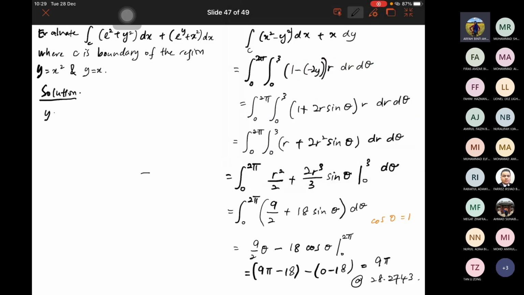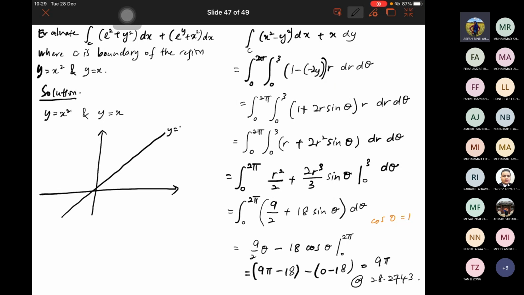So we have y sama dengan x squared dan y sama dengan x. So if you want to do the drawing for this one, okay, this is y equal to x dan ini adalah garisan y sama dengan x kuasa 2, x dan juga y.